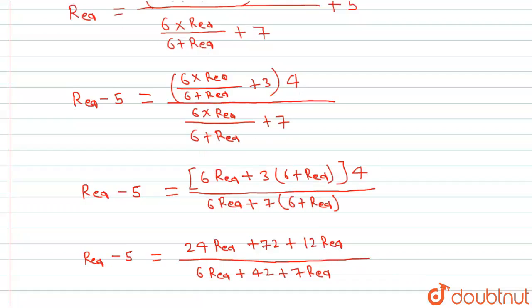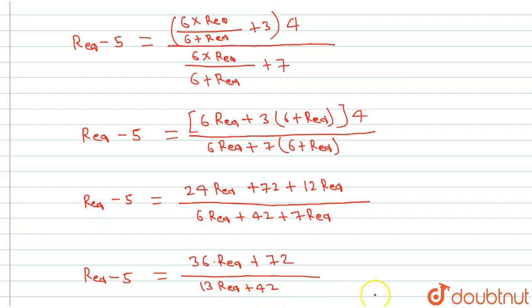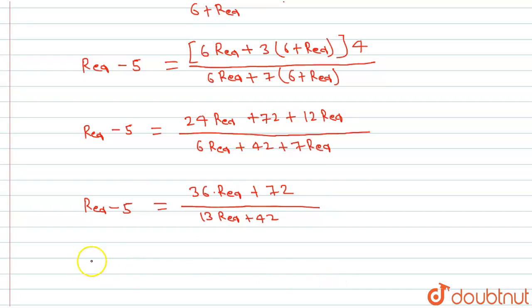Clear? Now R equivalent minus 5 is equal to 36 R equivalent plus 72 divided by 13 R equivalent plus 42. From here we can find that R equivalent is equal to 0.5 ohm. Clear? After solving this, we get 0.5 ohm as the R equivalent.